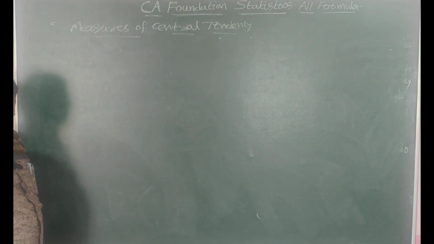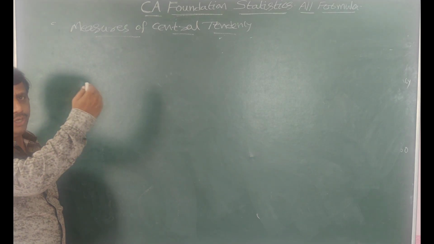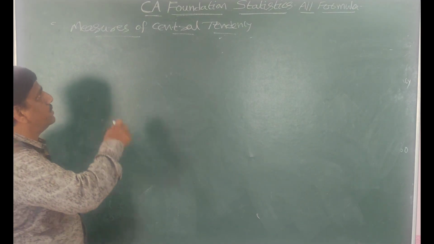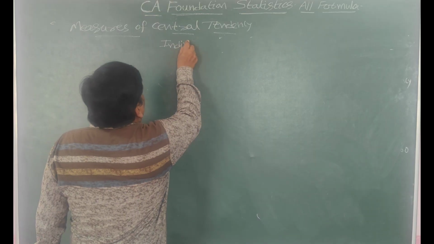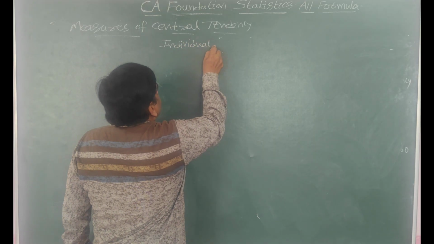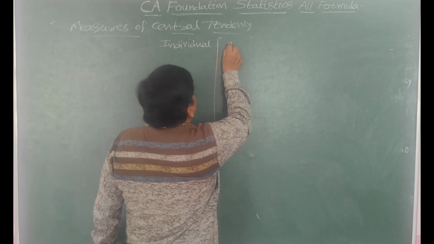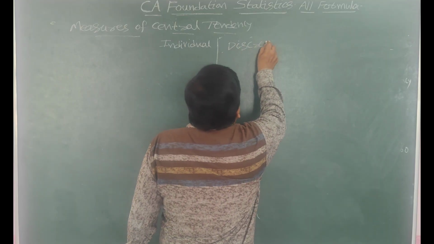In this, already we know the data can be classified into individual series, discrete series, continuous series. I will discuss the formulas in the form of a table now. Individual series, discrete series, and continuous series.